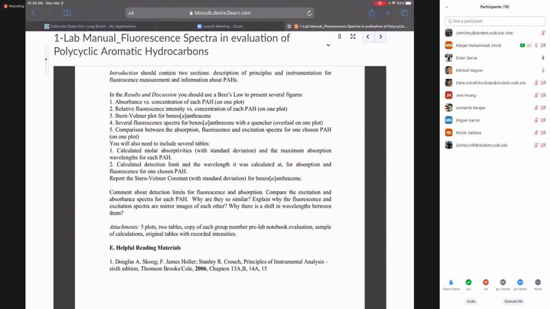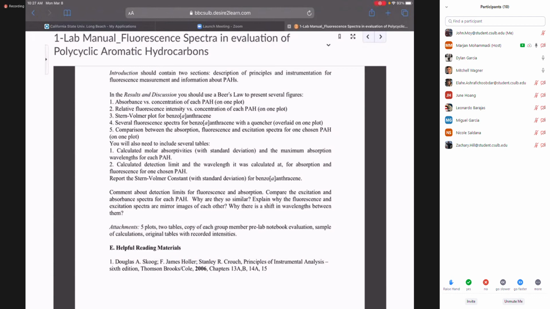It's the comparison between absorption, comparing the excitation and absorbance, right here. See, it's only for one though. No, it says for each PAH. Where? Number 5, comparison between the absorption. Yes, that one is just for one. That's what I did on the whiteboard, that one for just anthracene.